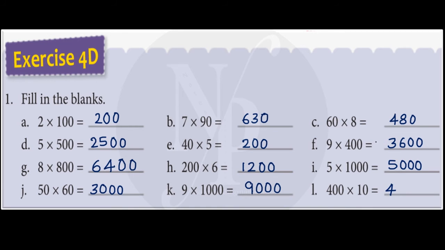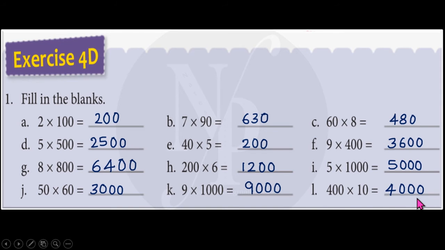So we have to write 3 zeros to the right of 4. So we get 4,000 on multiplying 400 and 10. That is 400 into 10 is equal to 4,000.